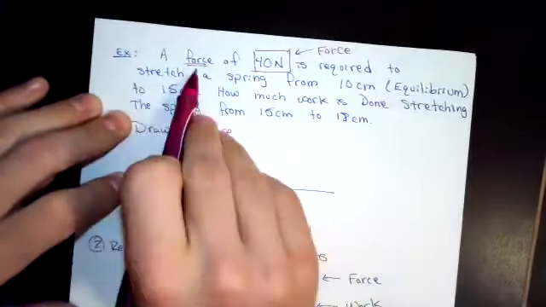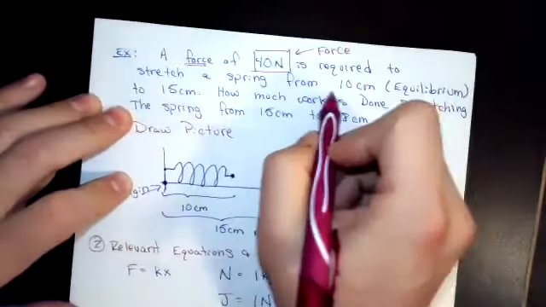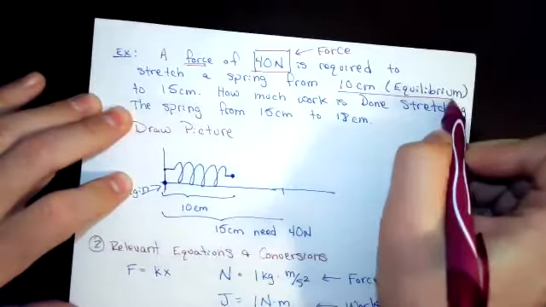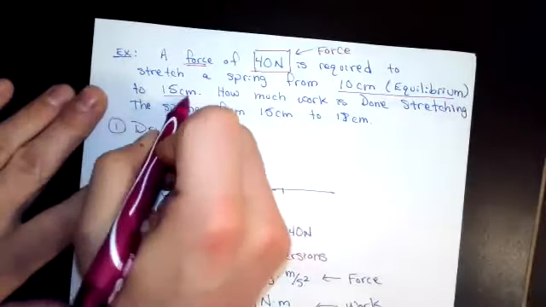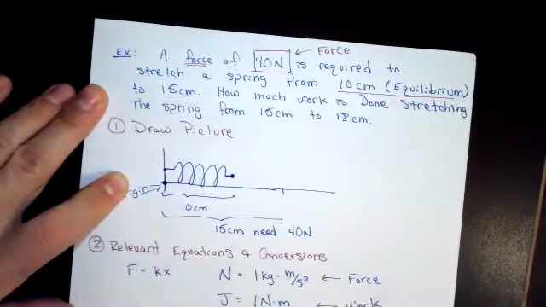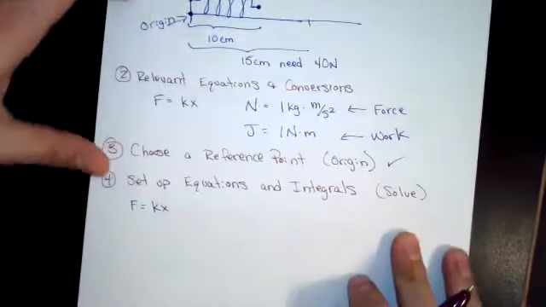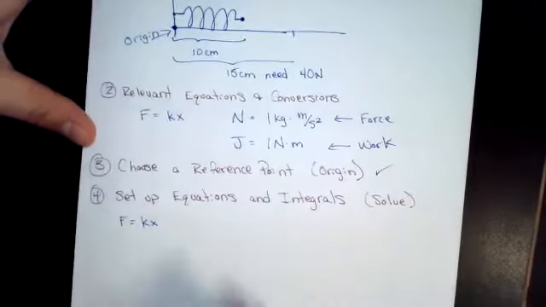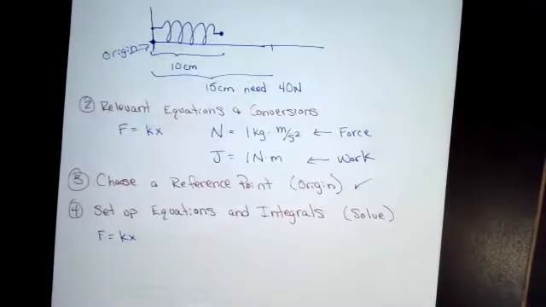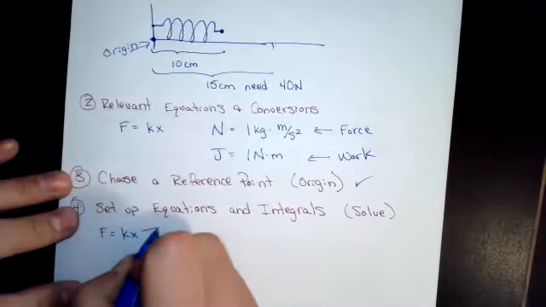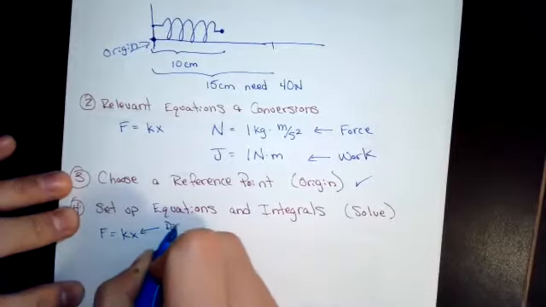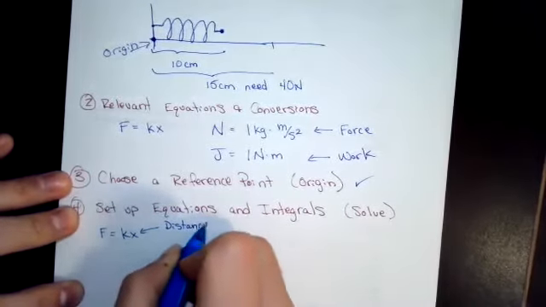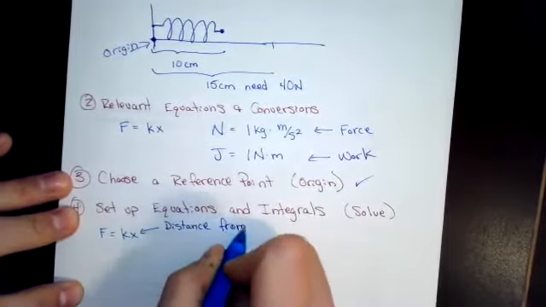All right, I know that 40 newtons is associated with a force. Of course, there's my equilibrium, and then this is my distance there that we stretch to, 15 centimeters. Okay, so be careful, right? Our x here is our distance from equilibrium.